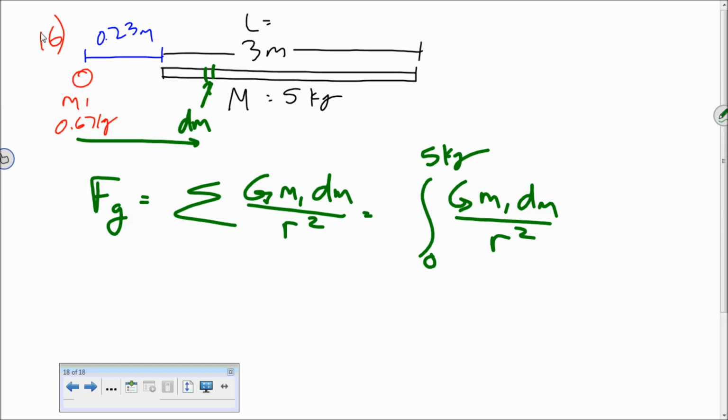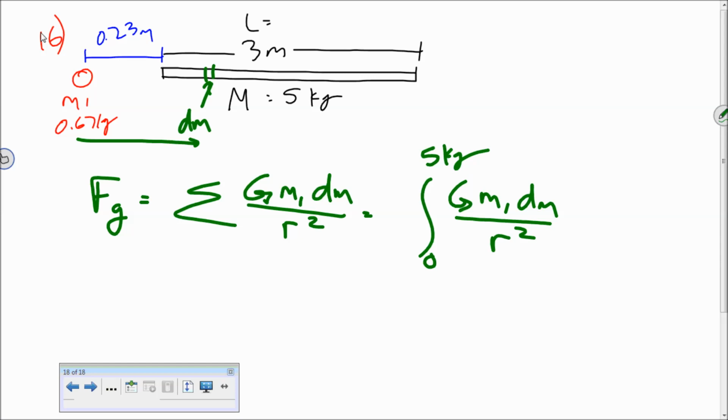Cool? All right, but the problem is, and this is huge, you guys, you need to understand this trick. I've seen this on a bunch of things. I can't integrate according to little m, because little m doesn't show up in this equation. This m1 isn't the same as little m. That m1 is this mass, whereas little m represents the mass of the bar.